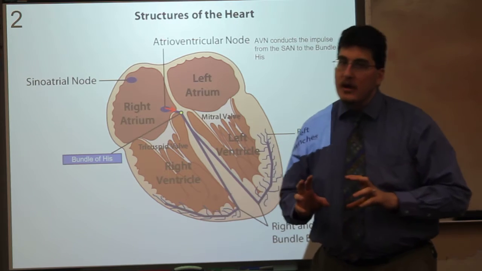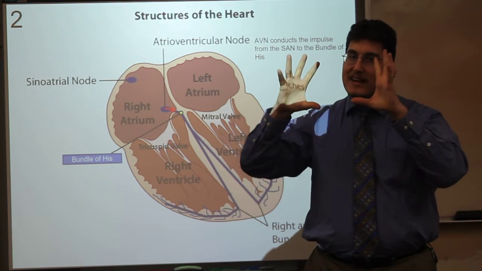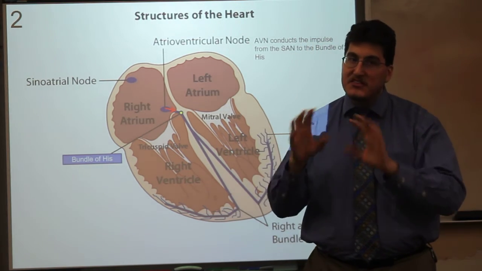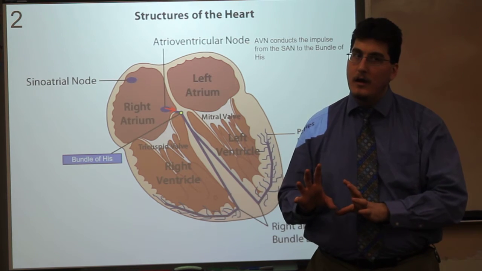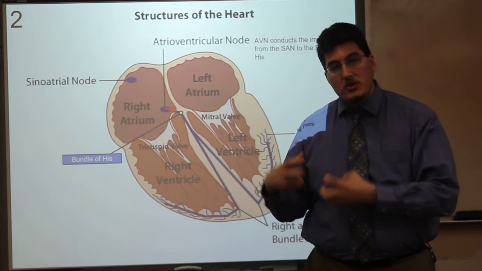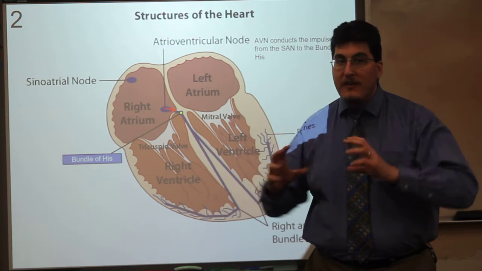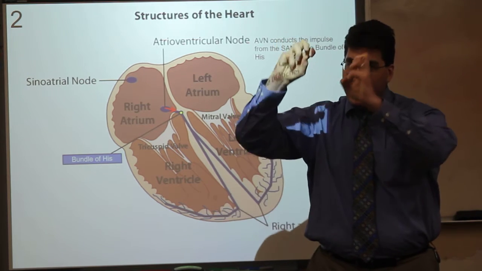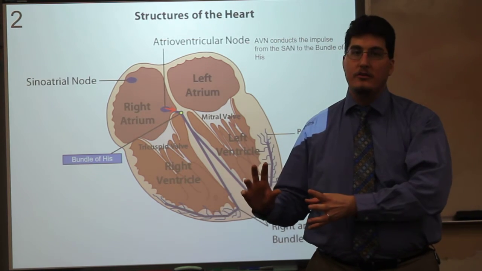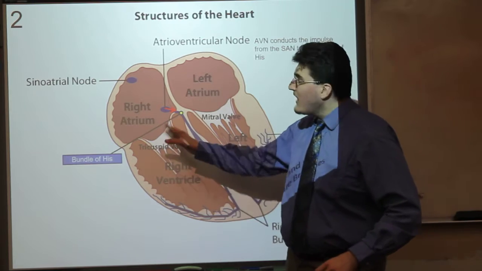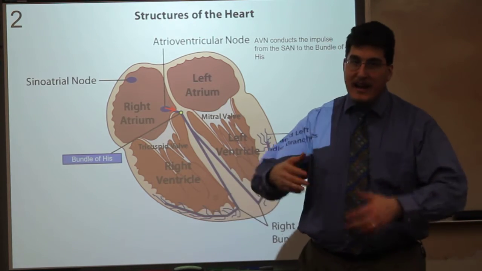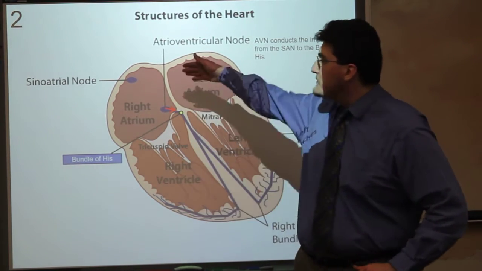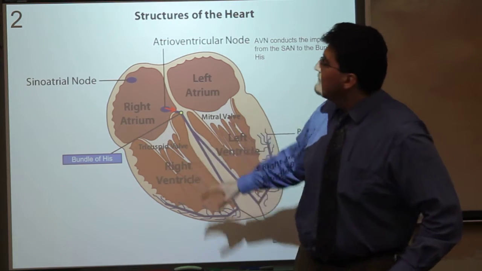This is important because if the atria contract and the ventricles contract at the same time, then the atria contracting will basically prevent blood from flowing from the atria into the ventricles. It will basically slam shut these valves and prevent any more blood from flowing from the atria into the ventricles.